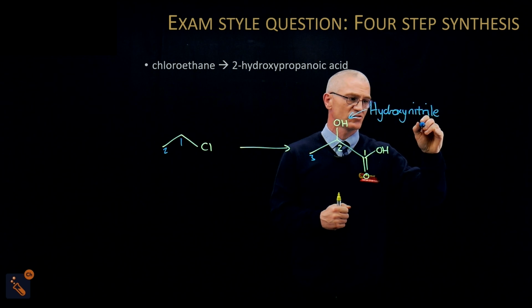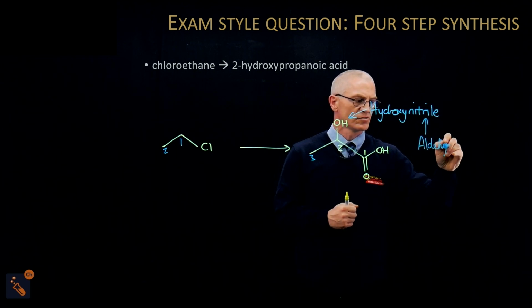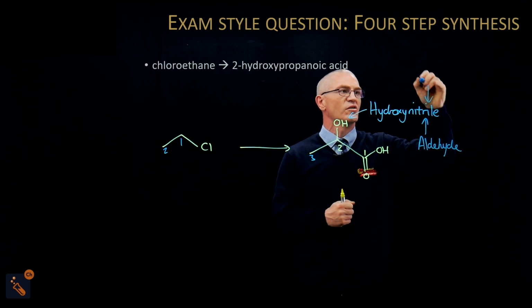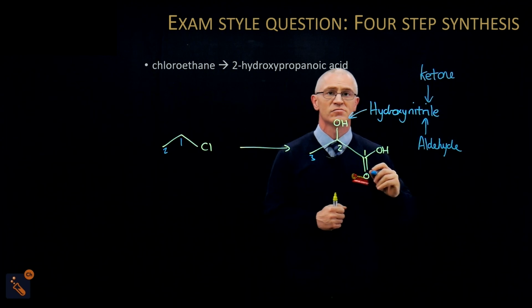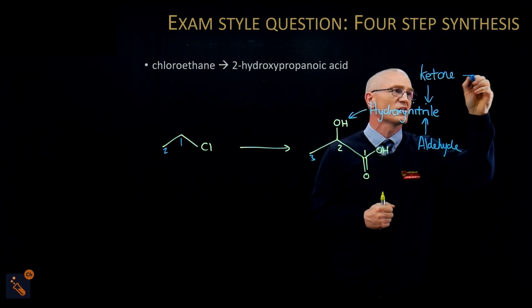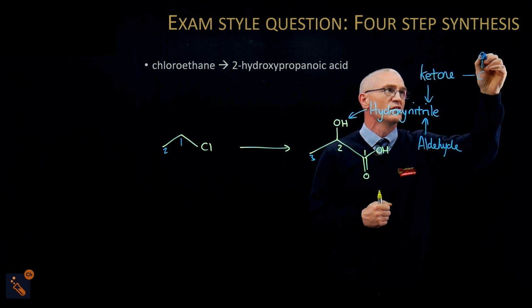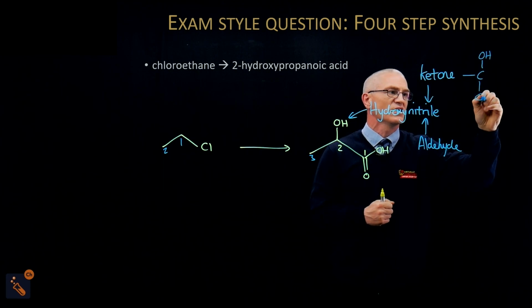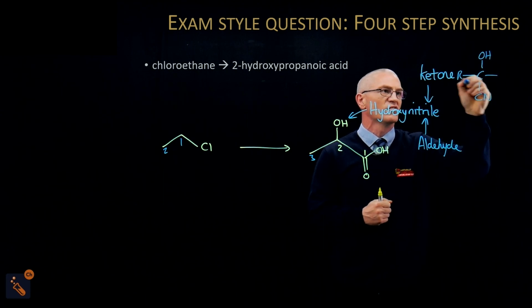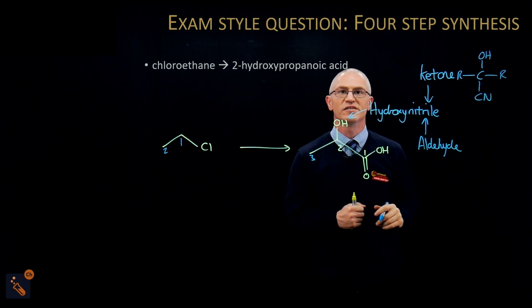Okay, and a hydroxynitrile can come from an aldehyde, okay, but it can also come from a ketone. Now, the thing about the ketone is that you form this kind of product where you've got the OH and the CN, then we usually have an R group either side like this.